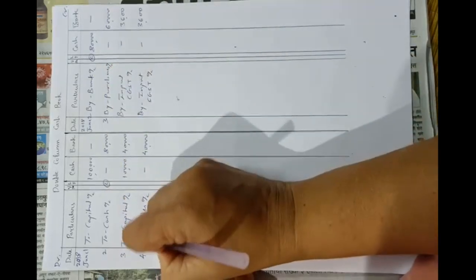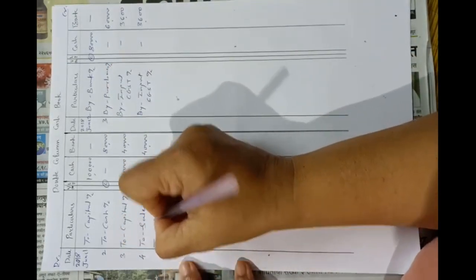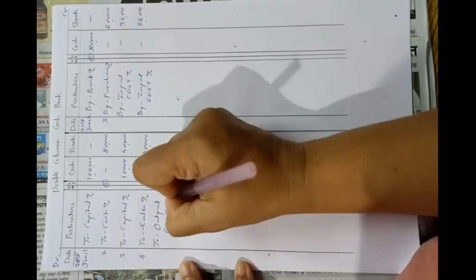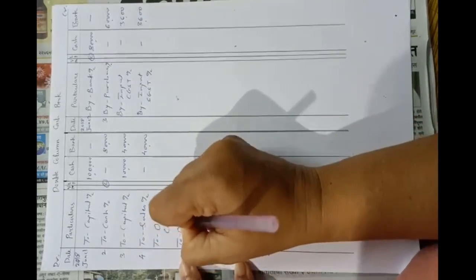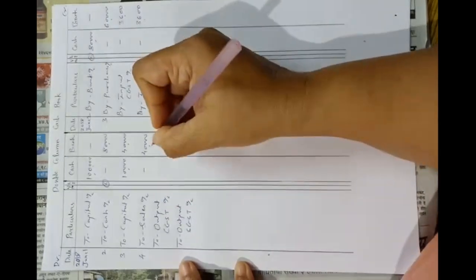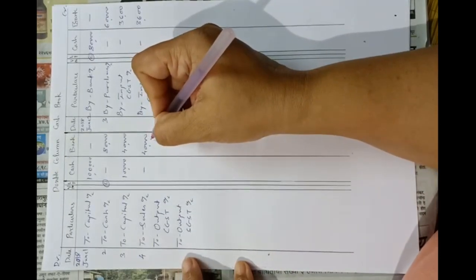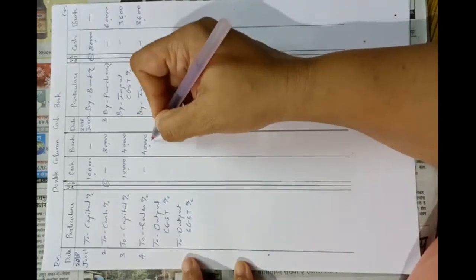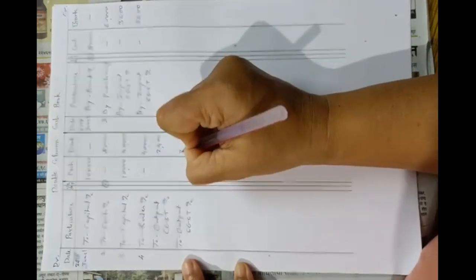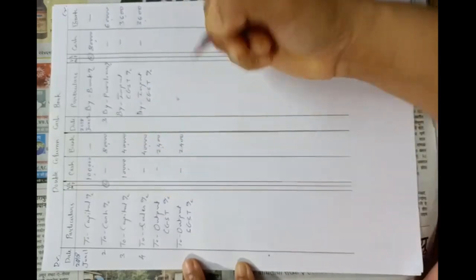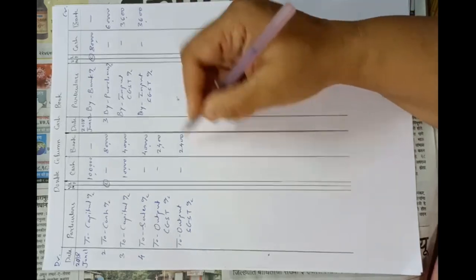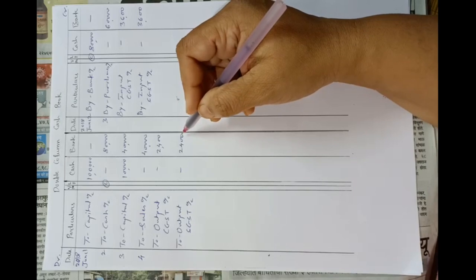And here on sale there will be output CGST and output SGST account, 6% of 40,000 CGST and 6% of 40,000 SGST, which is 2,400 and 2,400. Okay, this entry will be passed.